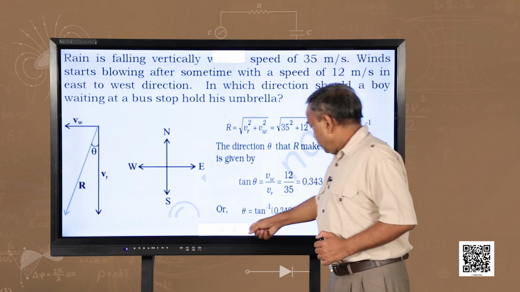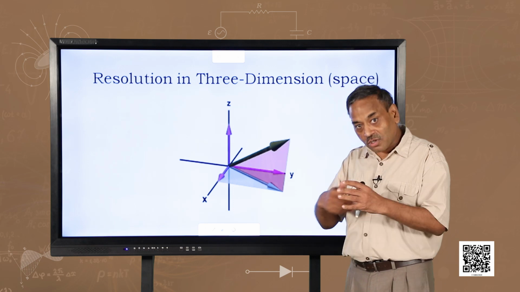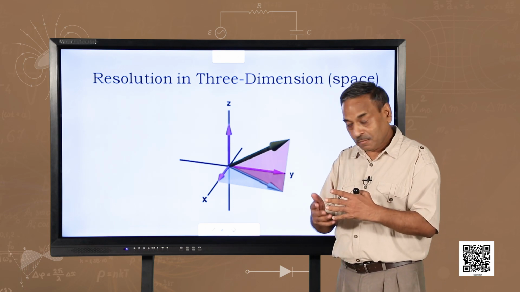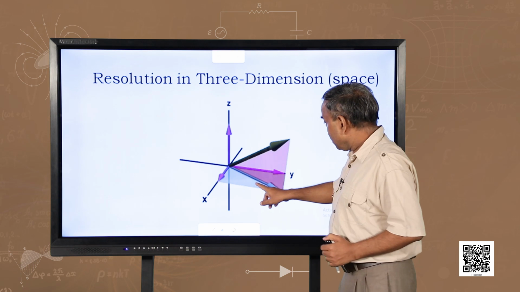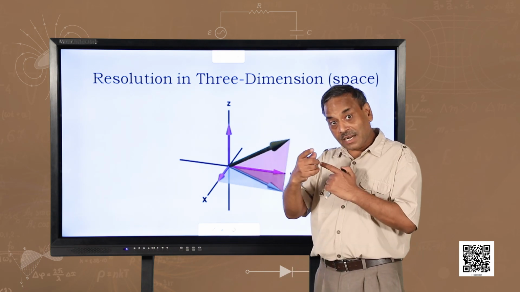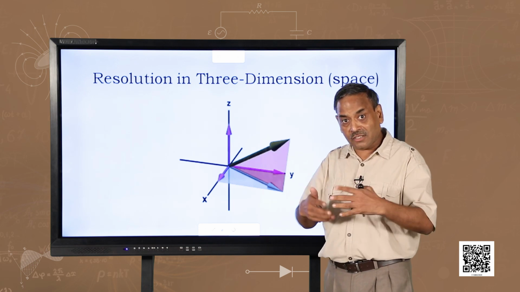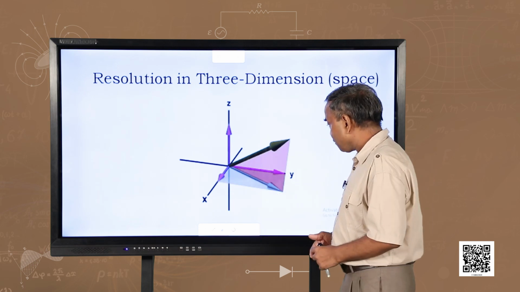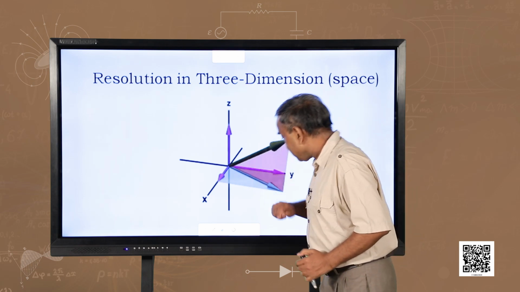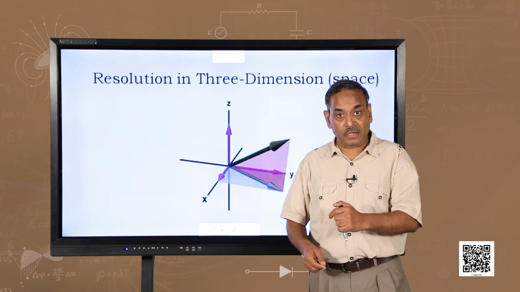Well, now, as I said, I will be telling you the resolution of vectors in 3-dimensional space. This is the diagram. Recall that in the beginning I said, and repeated it sometimes, that the choice of axis is always yours. Now, I have taken a different axis system: x axis in this direction, y in this, z in this, all perpendicular to each other.